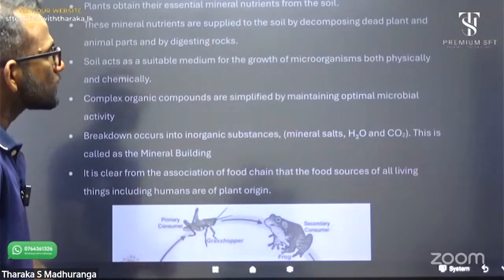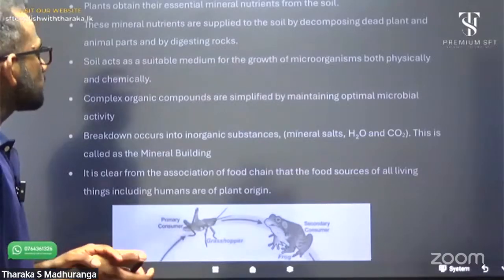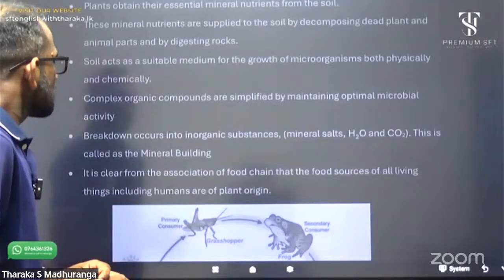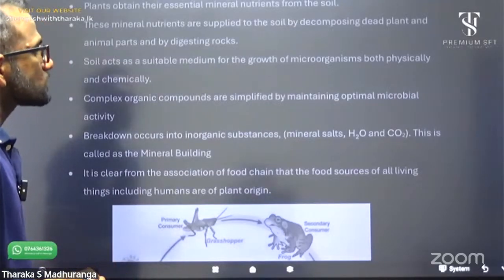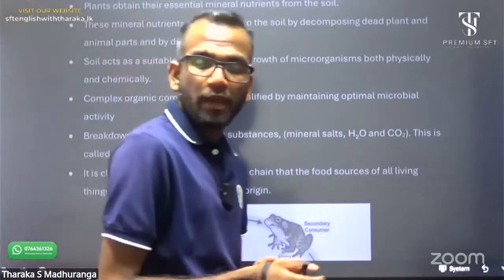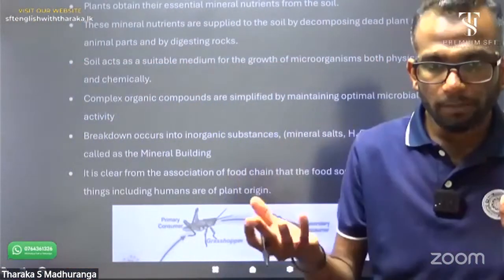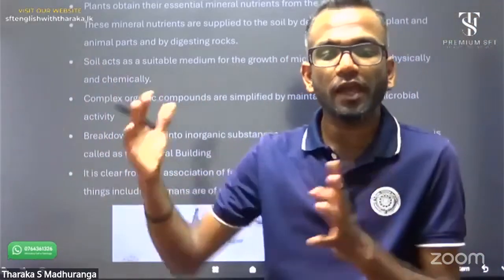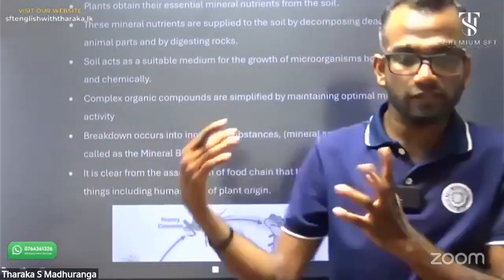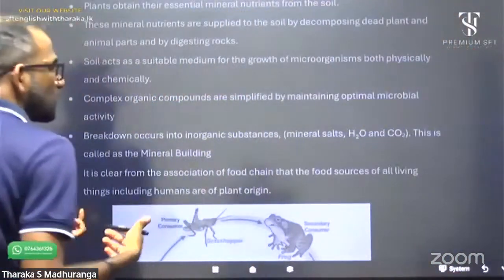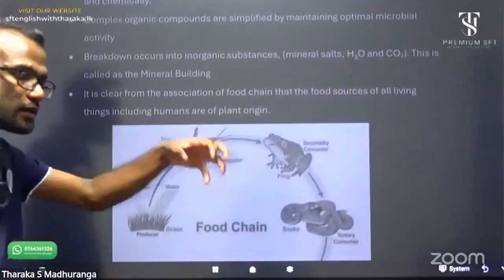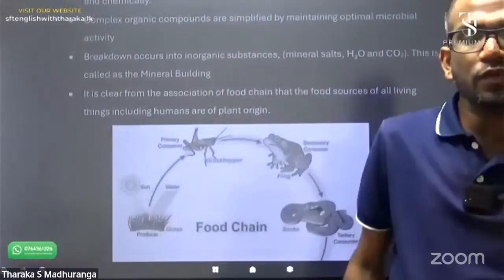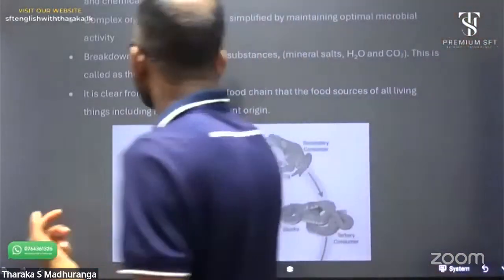Complex organic compounds are simplified by maintaining optimal microbial activity. In optimum microbial conditions, complex organic compounds like cellulose break down into carbon, hydrogen, oxygen, by a hydrolysis process. For this breakdown and keeping the soil fertility, microorganisms are doing a very important process.